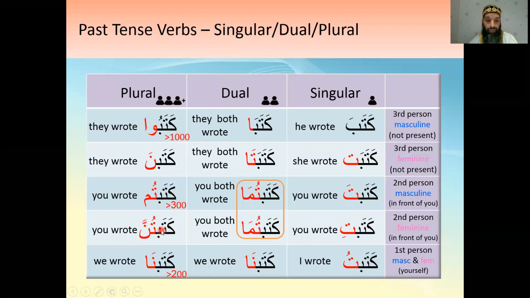Now the next one: dhalamtum, ja'altum, fa'altum, qataltum, raja'tum, sami'tum. As long as you know what sami'a means, to hear, like sami Allahu liman hamidah. So we know sami'tum means you all heard. Ja'altum, you all made. Qataltum, you all killed. Raja'tum, you all returned.